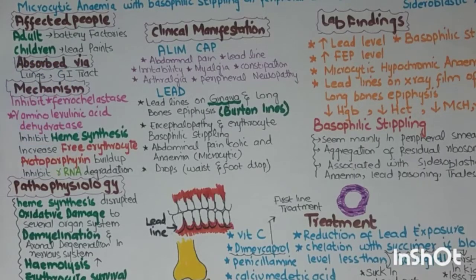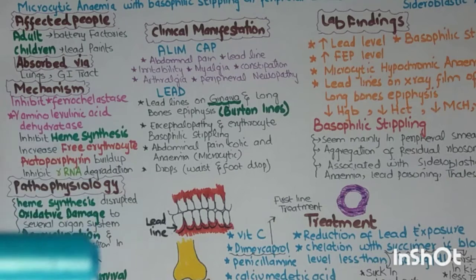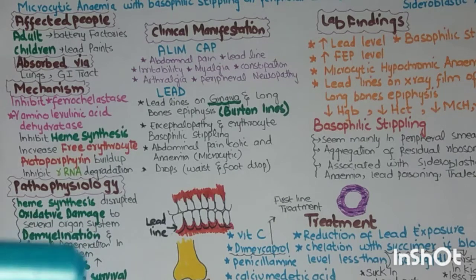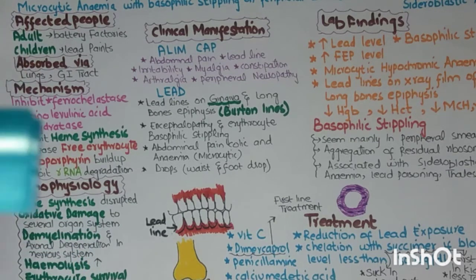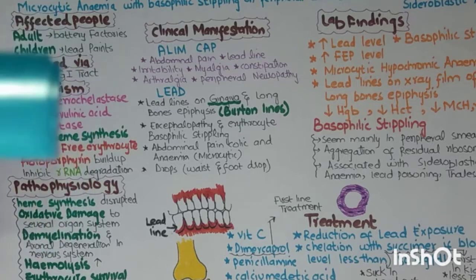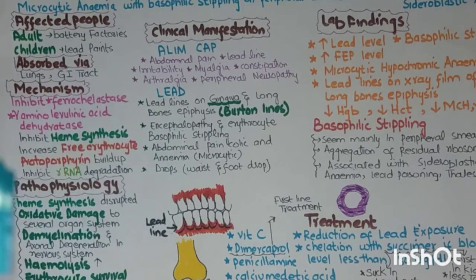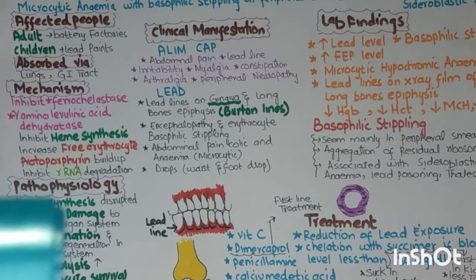Okay, now we will see the mechanism. As in the previous lectures, we have seen that heme synthesis, the RBC erythrocyte synthesis, occurs in the bone marrow, and different enzymes are involved in the synthesis. So what lead does is that it inhibits some of them, like ferrochelatase and gamma-aminolevulinic acid dehydratase.